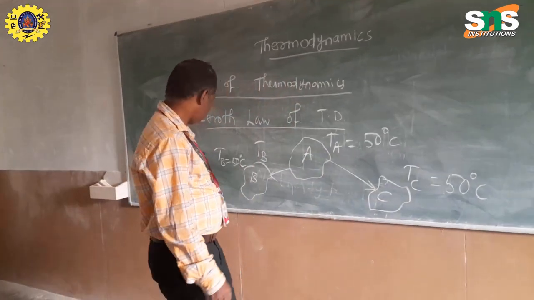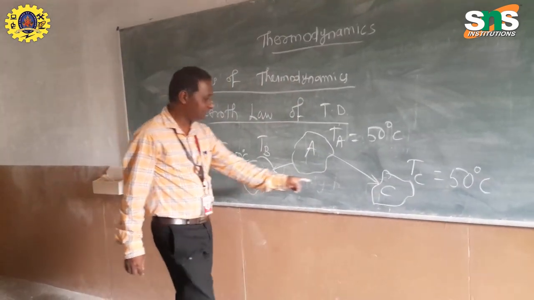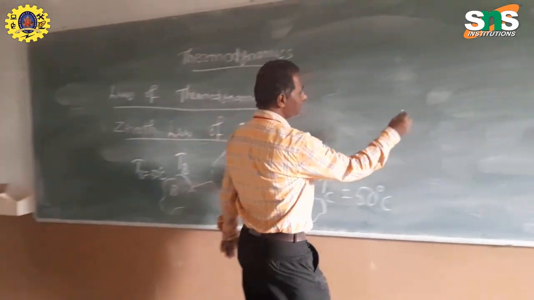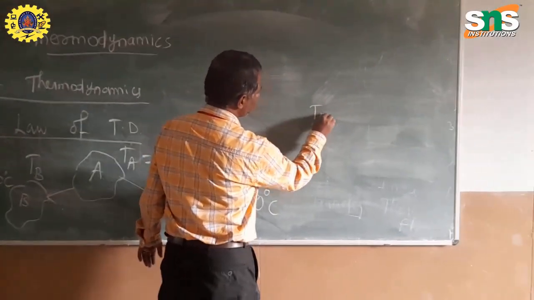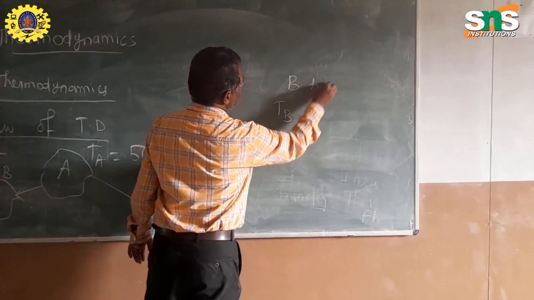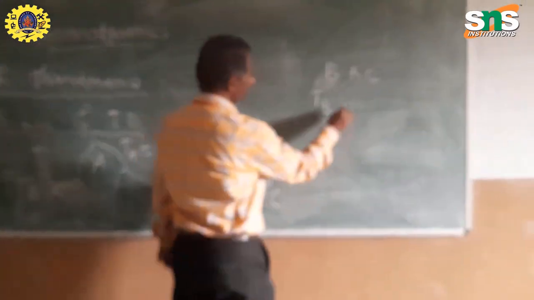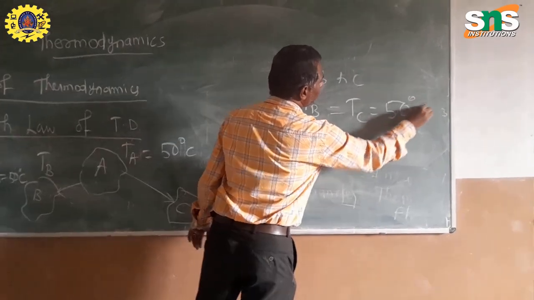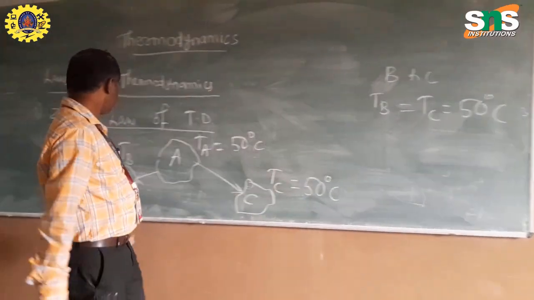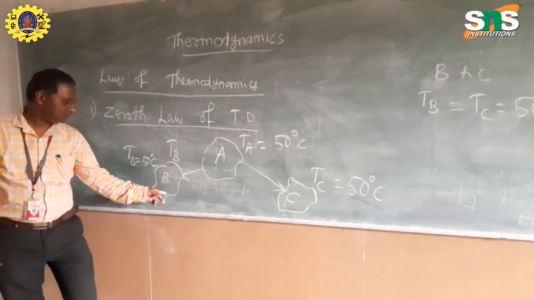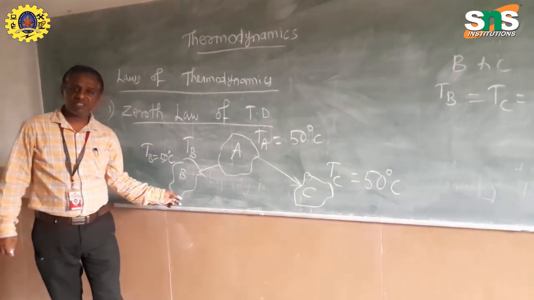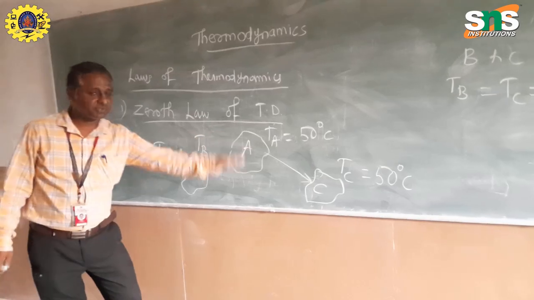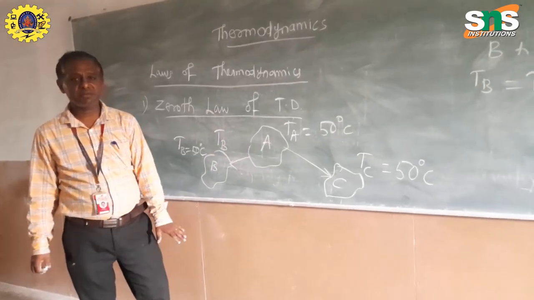Then look at TB and TC: both are the same. So finally I can say that B and C are also in equal condition, because TB equals TC, that is also 50 degrees Celsius. So finally we can say the three systems are mutually in thermal equilibrium.